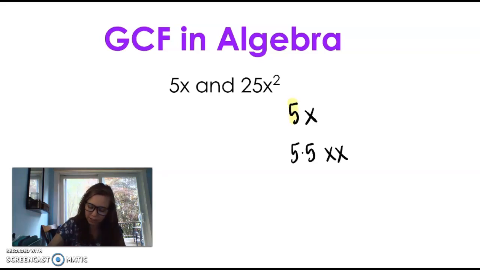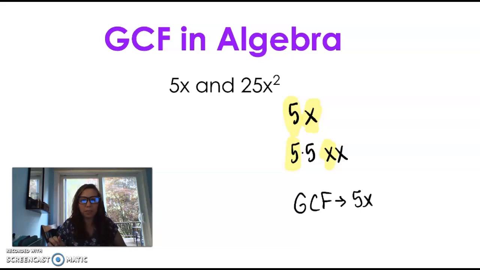So you can tell on here, both terms have 1 five. They don't both have 2. Both of them have 1 five, and both of them have 1 x. So your greatest common factor for this would be 5x. That's what both of those terms have in common. They can both be divided by 5, and they can both be divided by x.